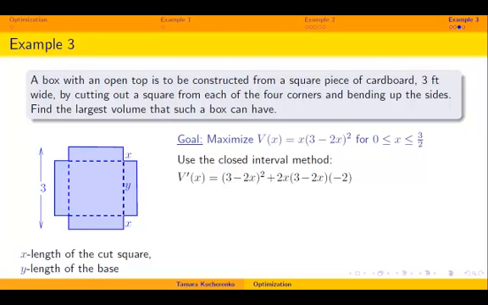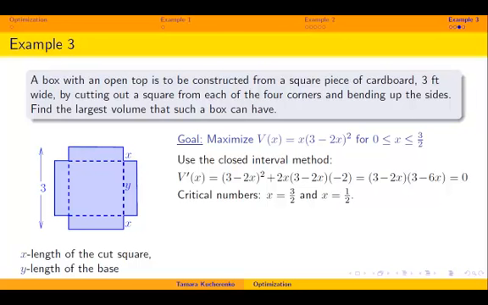Factoring out 3 minus 2x, we get (3 minus 2x) times (3 minus 6x). Critical numbers are the values of x where the derivative equals 0. In this case, they are x equals 3/2 and x equals 1/2.